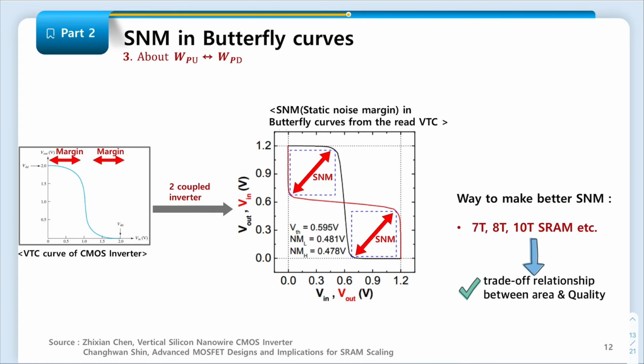So in SRAM, we have to maximize the margin by adding some more transistors. I mean a 7-transistor, 8-transistor, or even 10-transistor SRAM cell can help make a symmetric and larger SNM characteristic. Of course, there is a trade-off relationship between area and margin, which means the quality of SRAM.